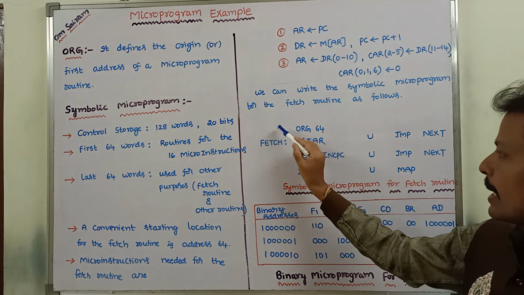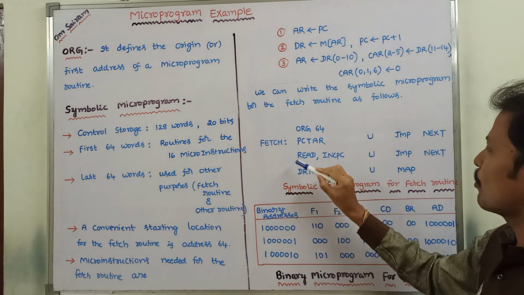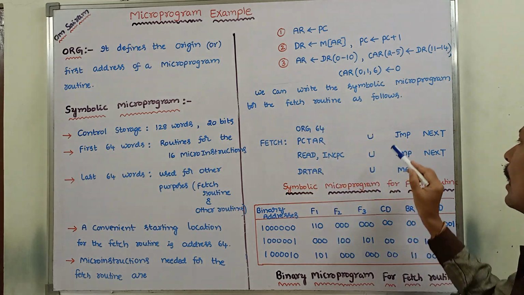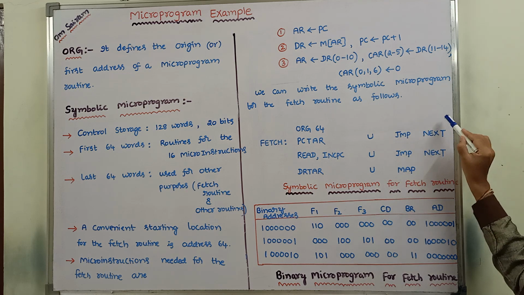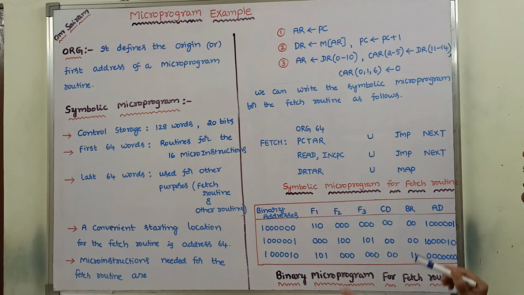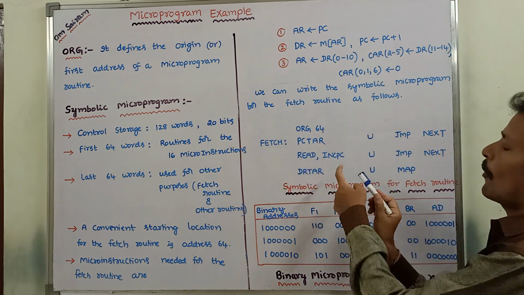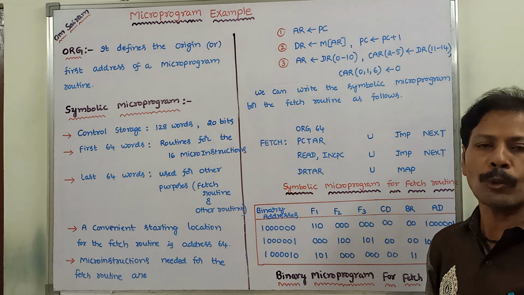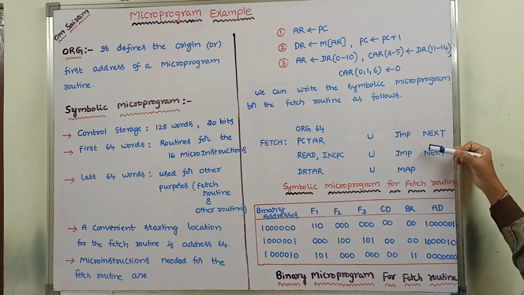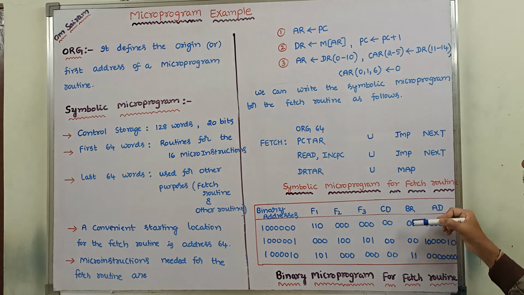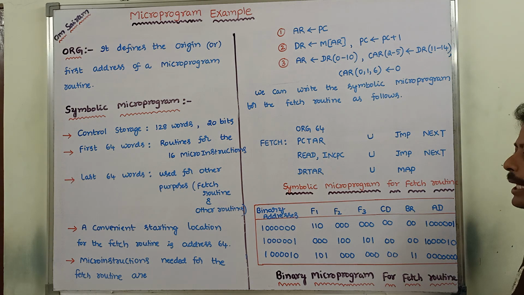Here this is a label, this is micro operations, this is a CD field, this is a BR field, and this is an address field. These are the 5 fields of the symbolic micro instruction. This symbolic microprogram can be converted into the equivalent binary microprogram.